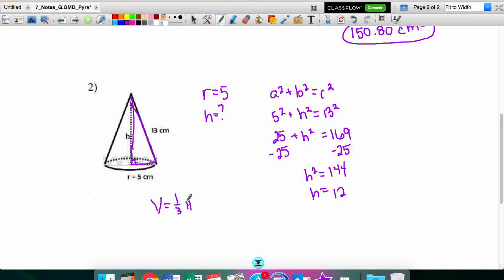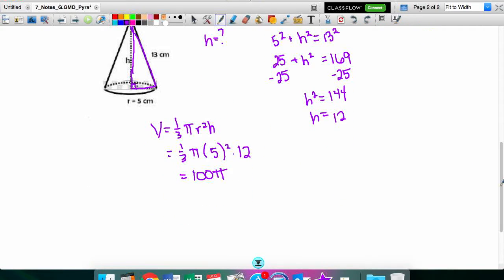1/3 pi r squared h. Here we go. 1/3 pi, 5 squared times 12. Okay, so I'm actually going to do 12 divided by 3 since it's divisible by 3. 12 divided by 3 is 4, and 5 squared is 25. 25 times that 4 gives me 100, and tacking on the pi, we get 100 pi as our exact answer.